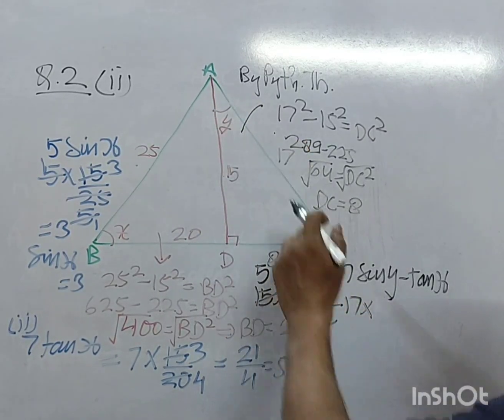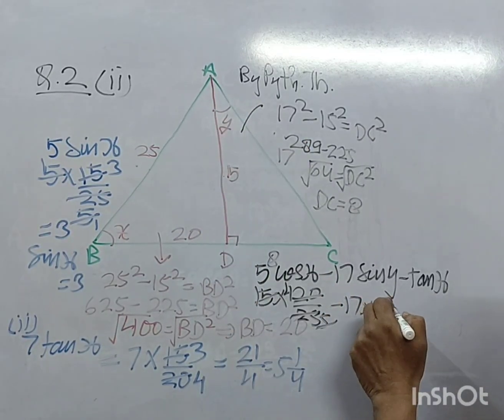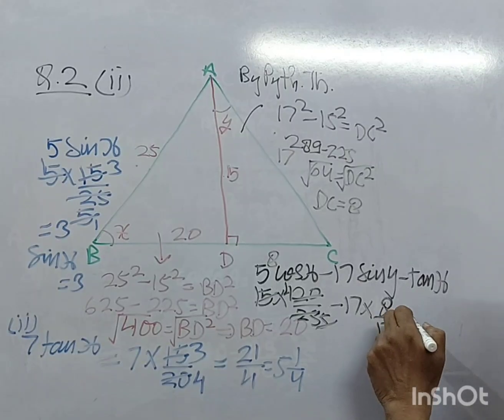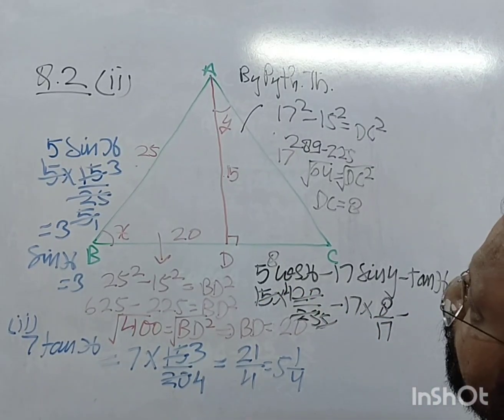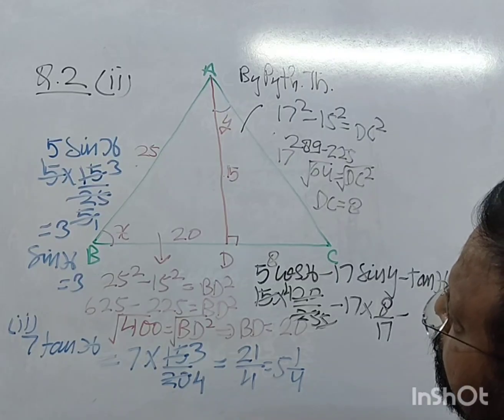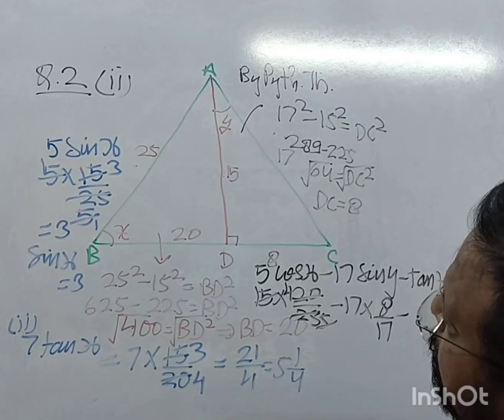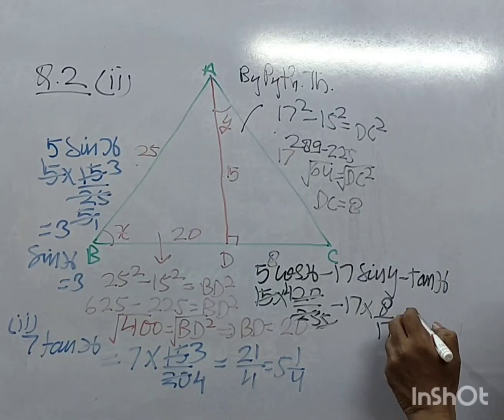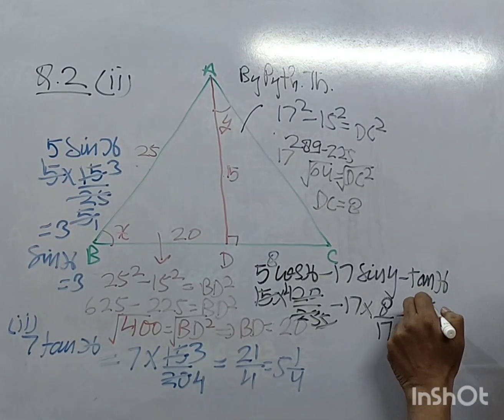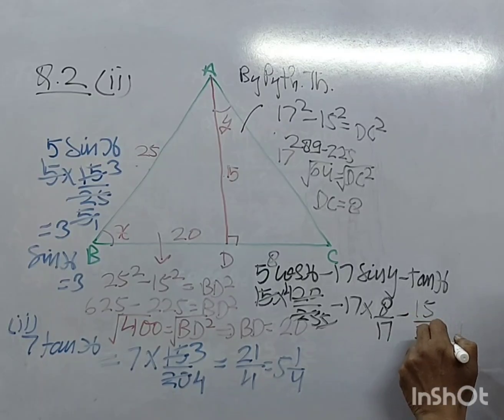So 8 upon 17. 8 upon 17 minus tan X. Tan X is 15 upon 20.